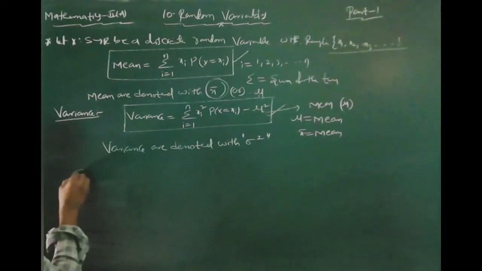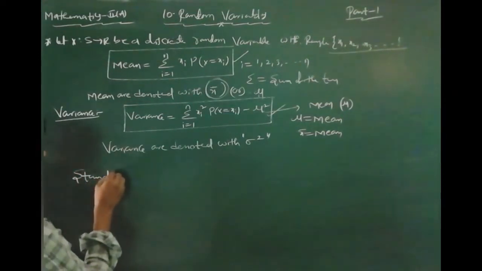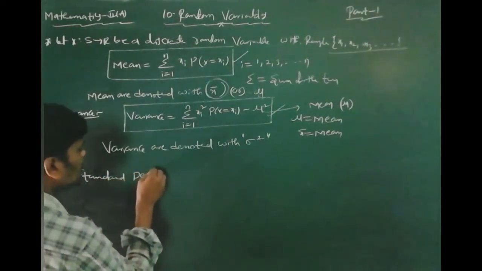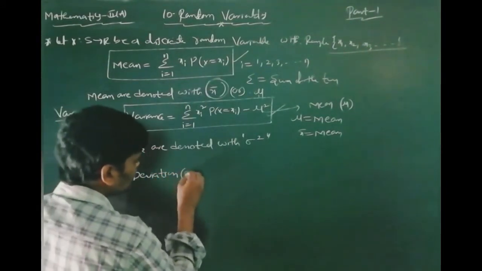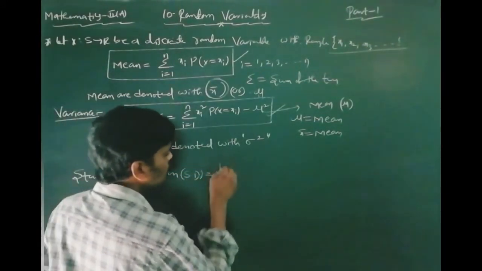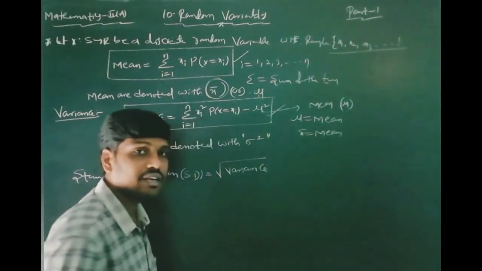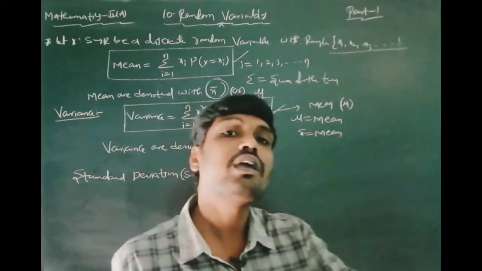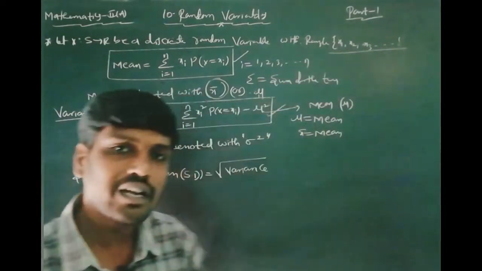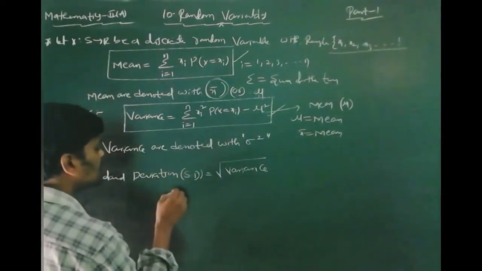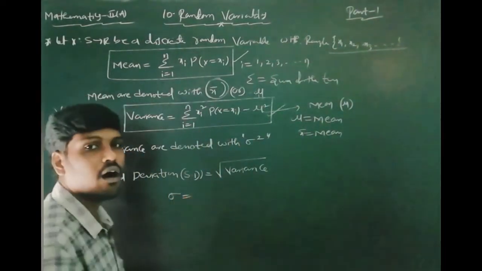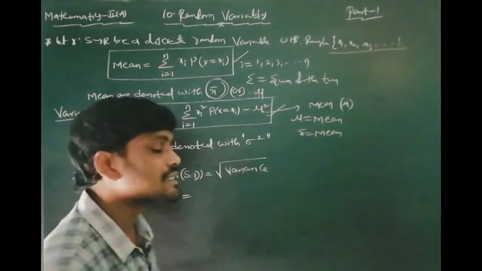Next, standard deviation. SD is equal to the square root of variance. What is the meaning of standard deviation? Standard deviation is nothing but the square root of variance. That is called standard deviation. Standard deviation is denoted with sigma.